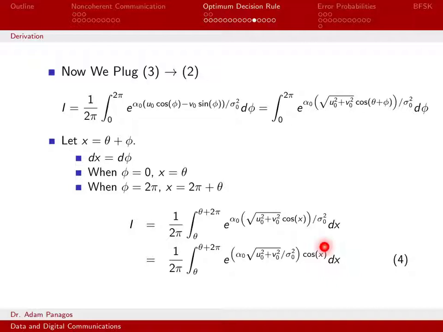And pay attention to this. We know that cosine x is a periodic function, and we're going to use that on the next slide to further simplify this integral. So right now the integrand only has one part that's dependent on x, and it's dependent via the cosine, which is a periodic function.